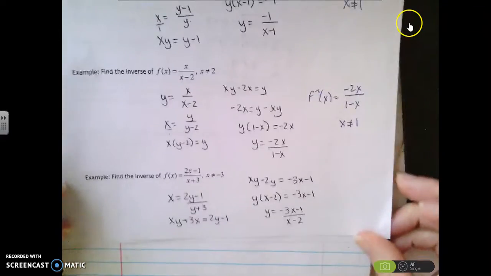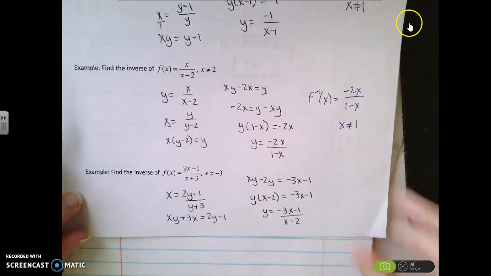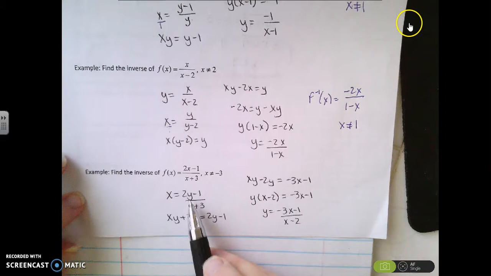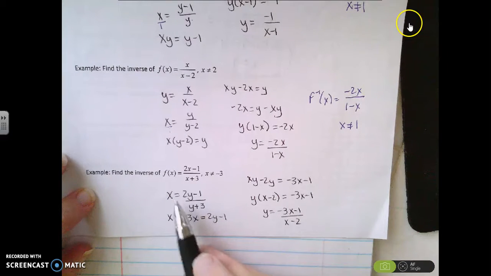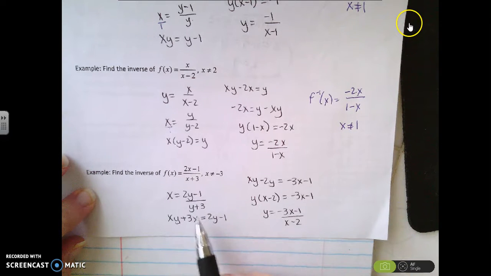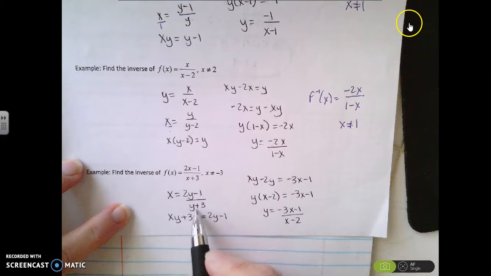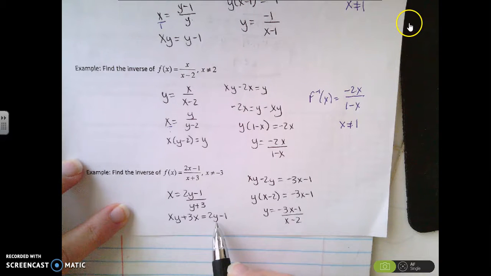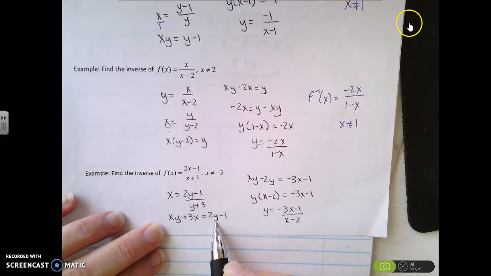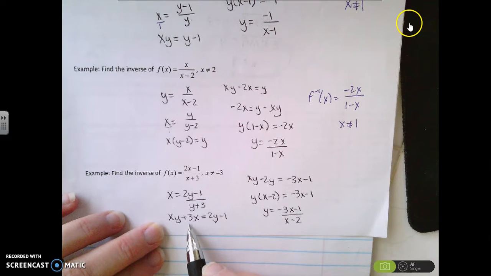Alright, one more, a little bit more difficult, same idea. Okay, so I replaced the x's and the y's. Now I skipped the first step and just jumped right to switching the x's and y's. Cross multiplied, so I ended up with x times this, which is xy plus 3x, and then I have the 2y minus 1 on the other side. So again, I've got to get the y's on one side.